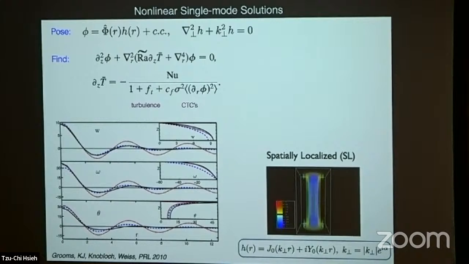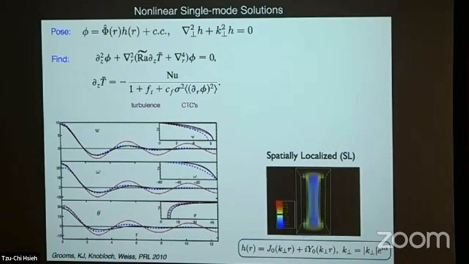So it's a similar type of equation. It's a nonlinear boundary value problem, and we find that you can get a good fit. In black is the numerical simulation of the fluid equations, and in blue is a best fit profile of the radial structure.